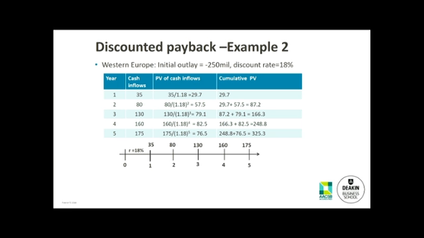The payback will then equal 4 years, the number of years before you fully recover your cash flow, plus the remaining cash flows, 250 minus 248.8, which is 1.2 million, divided by the amount of discounted cash flow in year 5, 76.5. Am I right? To this end, it will be 4 plus 1.2 divided by 76.5. And that will be your discounted payback.